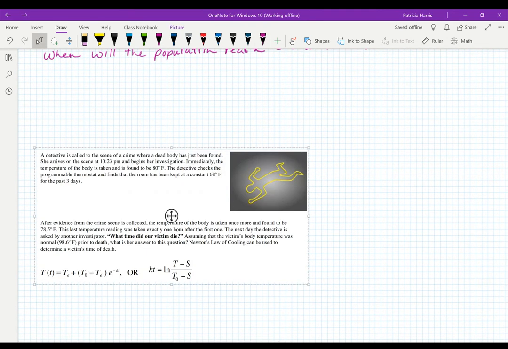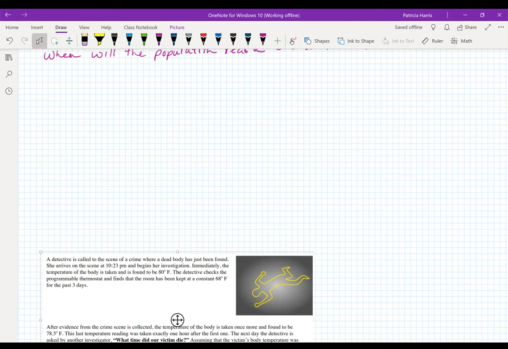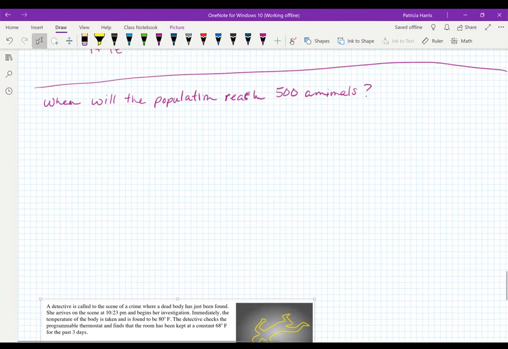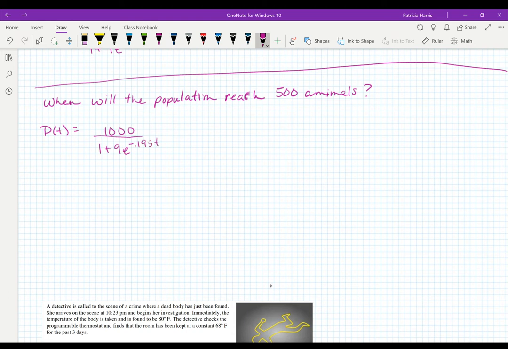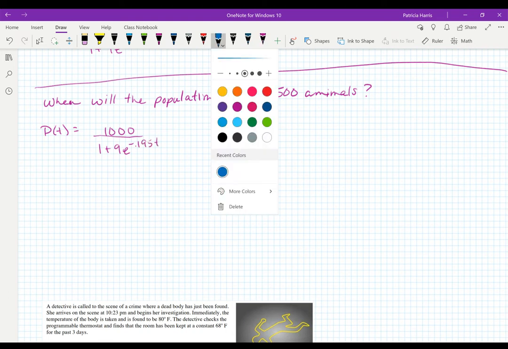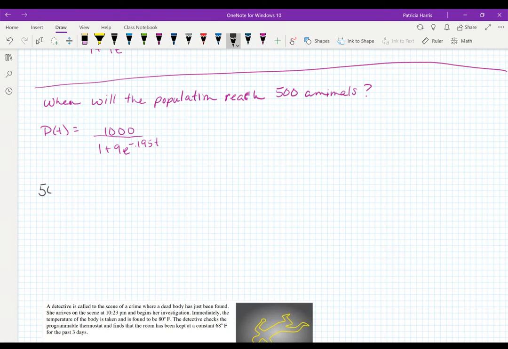And t is hidden by a bunch of other stuff. So let's write down our base equation again. Don't want to forget it. Now we set our P equal to 500, 1,000 over. Now we have to solve this.